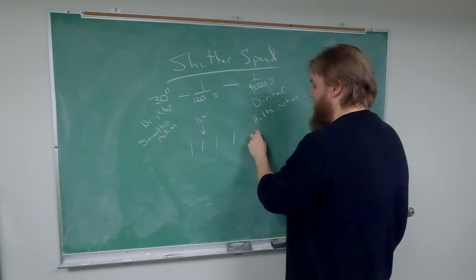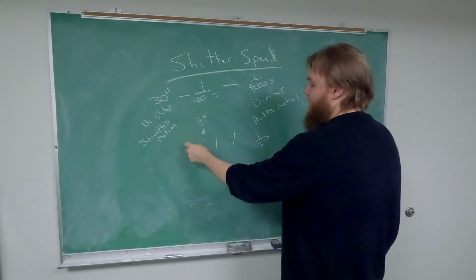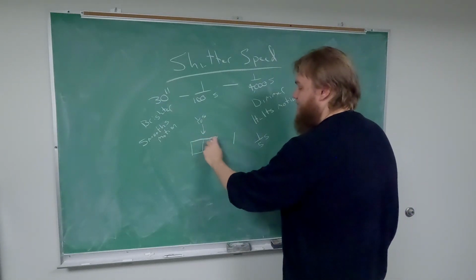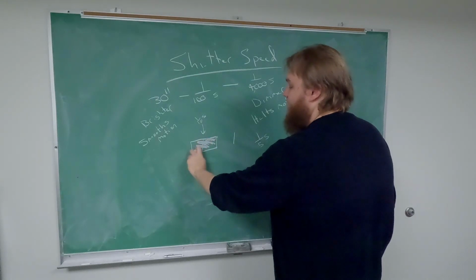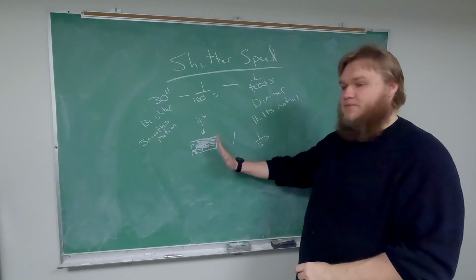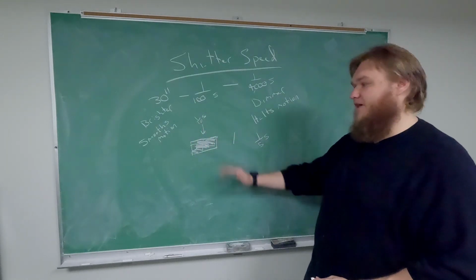If we capture an image over 1/5 of a second, we're going to see a smear. So in our camera, because our shutter is open for this amount of time, we'll see all of that happen. We won't get a single line, we'll get a smear of that line.